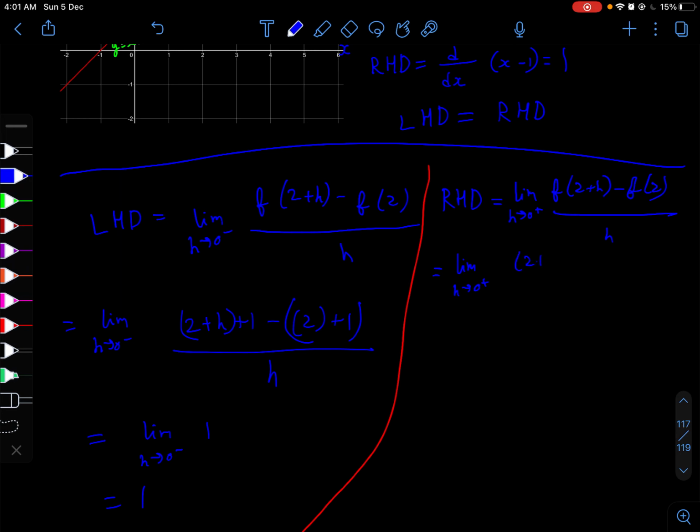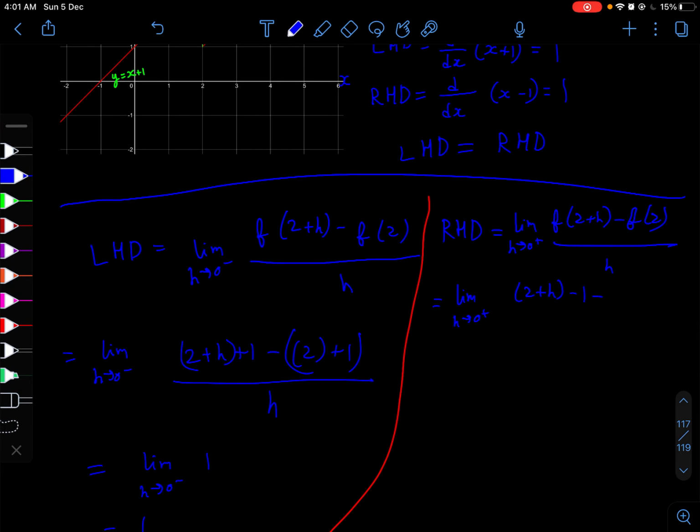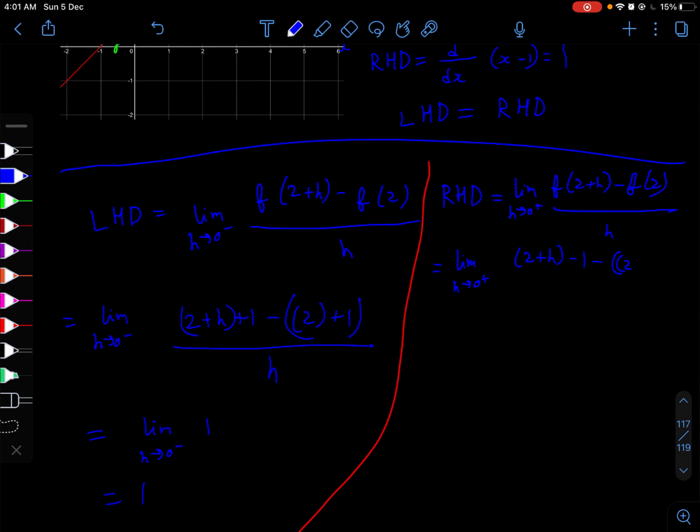So here in the place of x we substitute 2 plus h, and we substitute minus 1 minus f of 2. F of 2 is still x plus 1, so 2 plus 1 whole thing divided by h, which is the limit as h tends to 0 plus of h plus 1 minus 3 divided by h, which is equal to limit as h tends to 0 plus of 1 minus 2 by h.